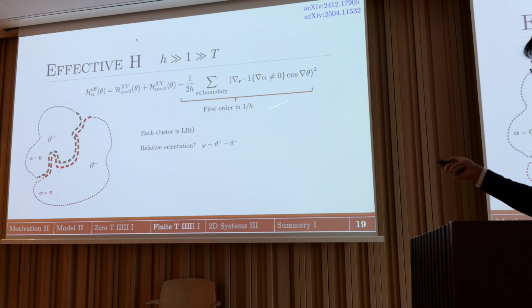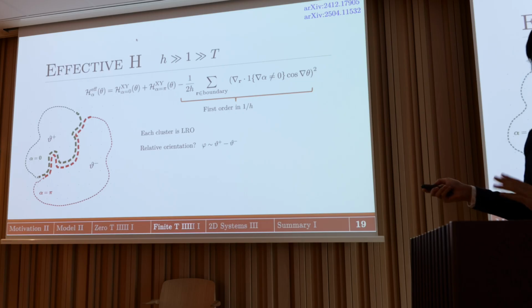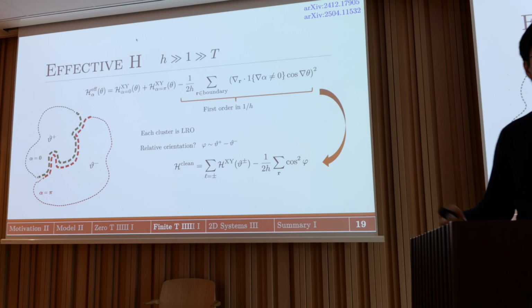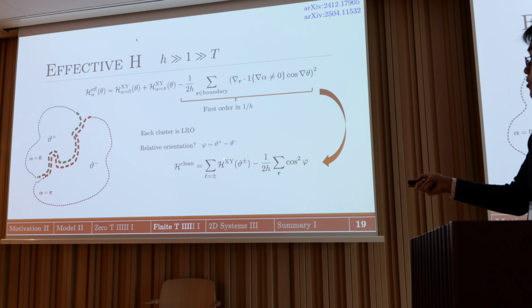Now, of course, this interaction is a bit complicated, so let me try to simplify it. I'm going to rewrite this interaction as a cosine square phi term. It has the same symmetries as the original interaction, but it's just visually simpler. And then, of course, you have the XY models on each cluster.